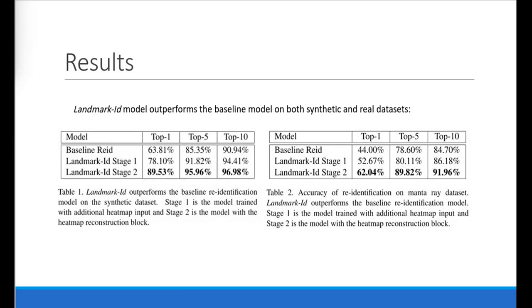This demonstrates that additional pose information is beneficial for learning discriminative embeddings. Landmark ID model reaches 89% top 1 accuracy versus 63% top 1 accuracy of baseline model on the synthetic data. The real data is more challenging. Baseline model demonstrates 44% top 1 accuracy, while landmark ID model goes up to 62%.